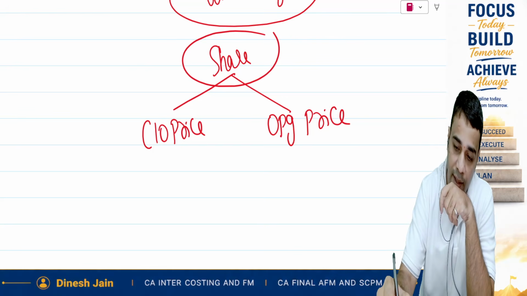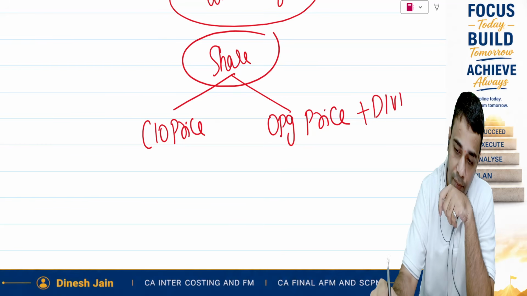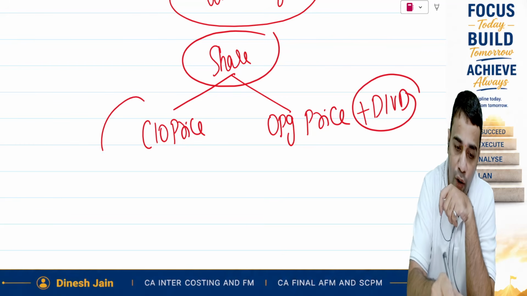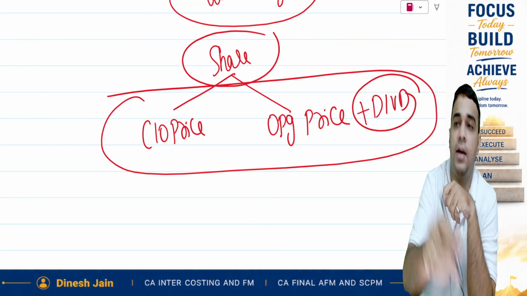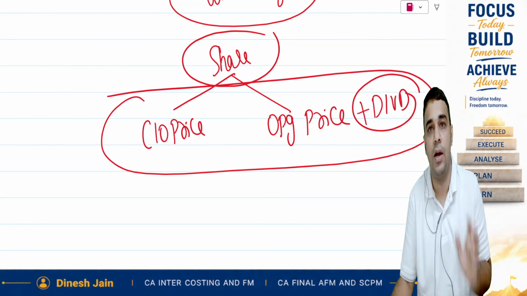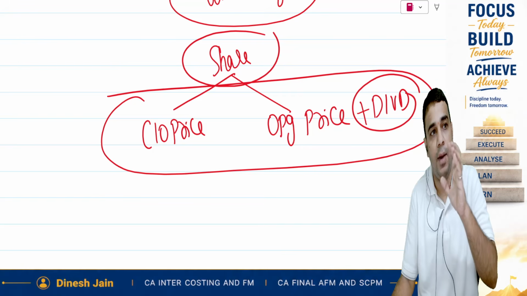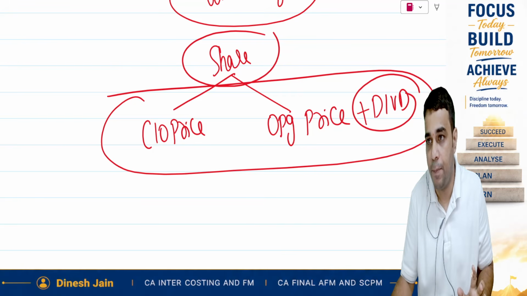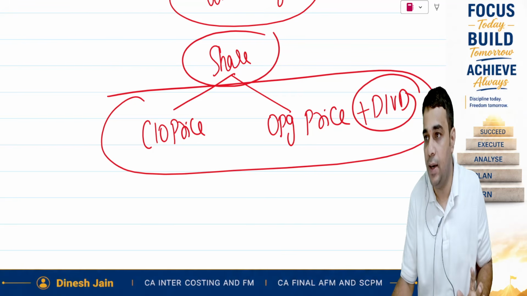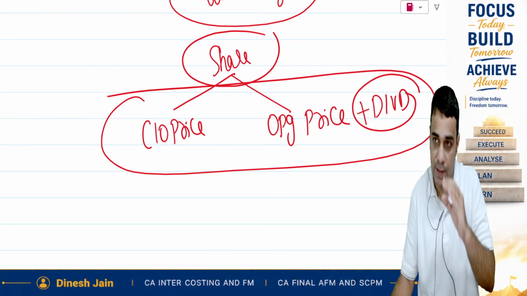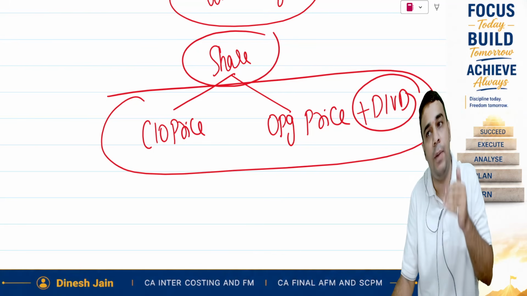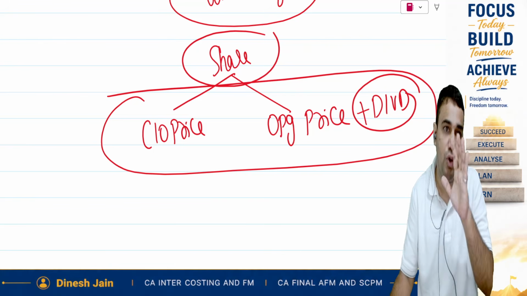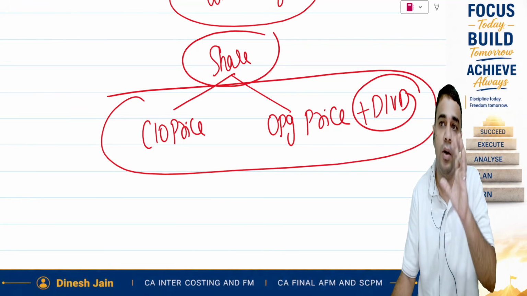I get dividend income. So broadly, this is the return I generate by investing in a share: closing price minus the opening price plus the dividend. If you want it in percentage form, divide by what you invested. If you don't want it in percentage form, don't divide.